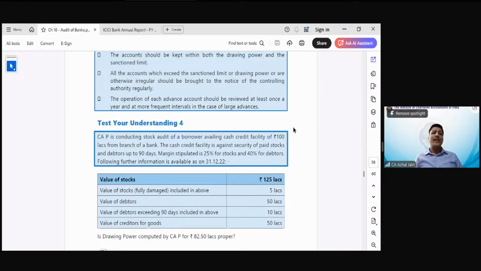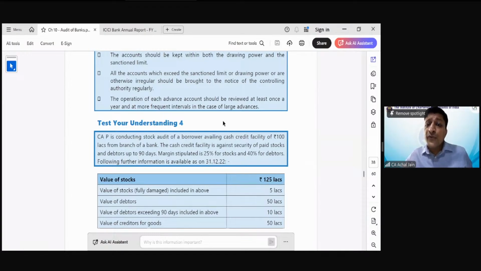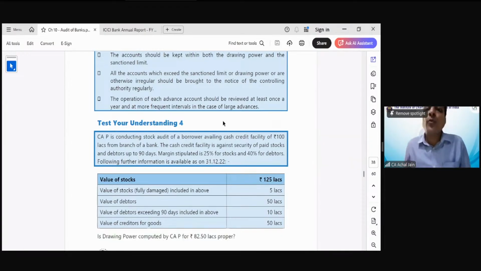Yeah. Similarly, when the bank says security for debtors up to 90 days, why? Because if the debtors are more than 90 days old, then again there is a risk. Those debtors may not be collected. Recovery could be an issue for those debtors. Yes or no? Correct. So you can say that these are the ways through which the bank is trying to protect itself.